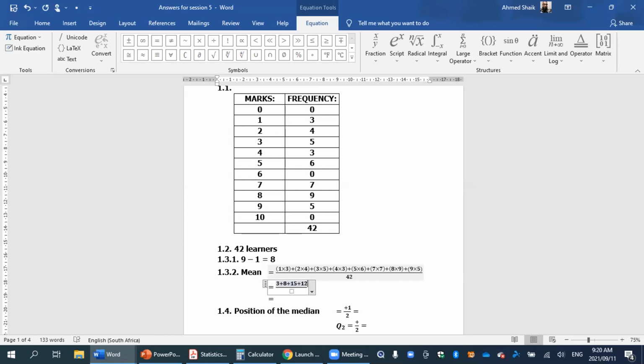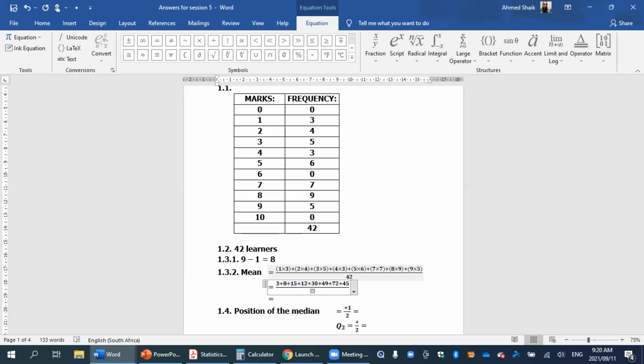And our next bracket, we have 5 times 6, which is 30. And we have 7 times 7, which is 49. And we have 8 times 9, which is 72, and 9 times 5, which is 45.